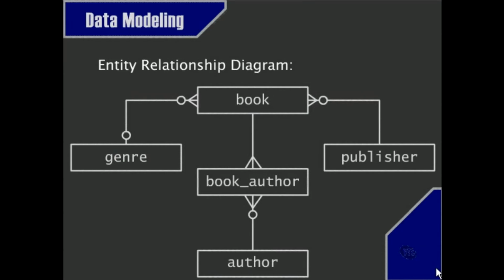I've called this book author, and this is a way of implementing a many-to-many relationship in a way that can be used by our relational database management system. If you take a look at the SQL schema that is included in the source folder on this CD, you'll be able to find the particular tables that are included within this database.